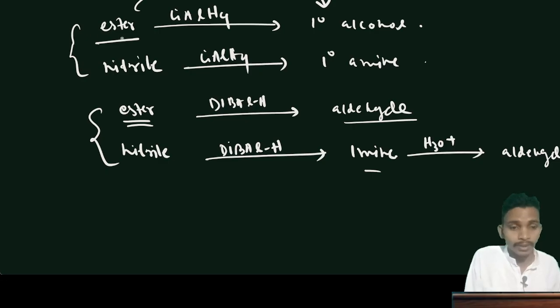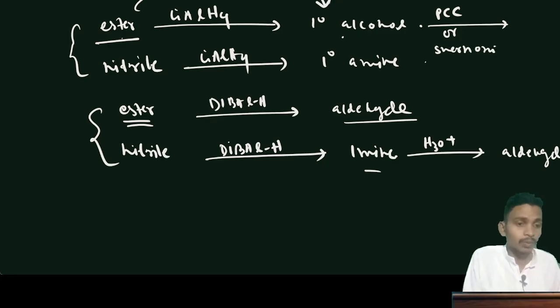If you have the ester, you take it to the 1 degree alcohol, and if you want to go to the aldehyde, again you have to do oxidation with a mild oxidizing agent, like PCC, or we can do Swern oxidation. Then we get the aldehyde from the 1 degree alcohol.